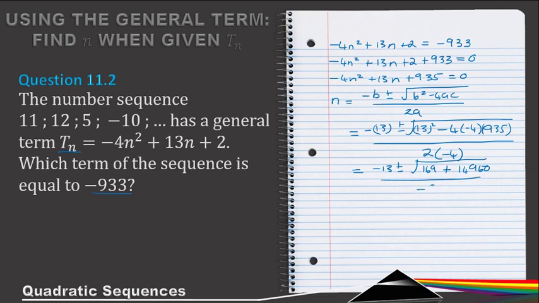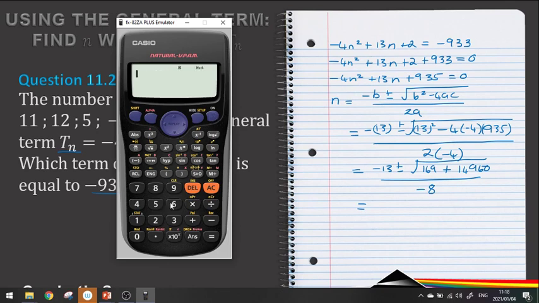Over negative 8. Okay, now let's do the typing in. Negative 13, start with plus, square root of 169 plus 14960, over negative 8.